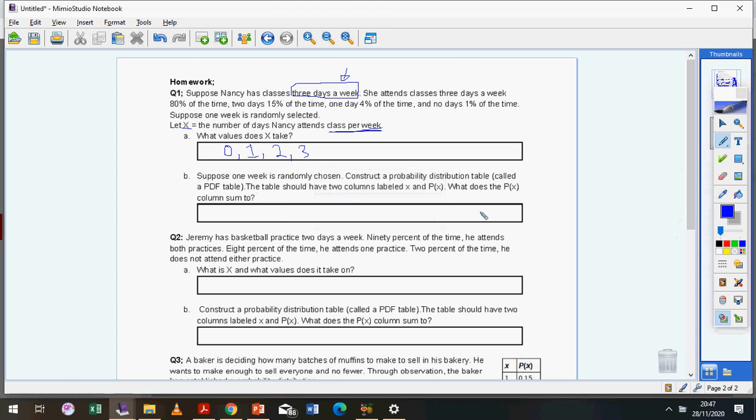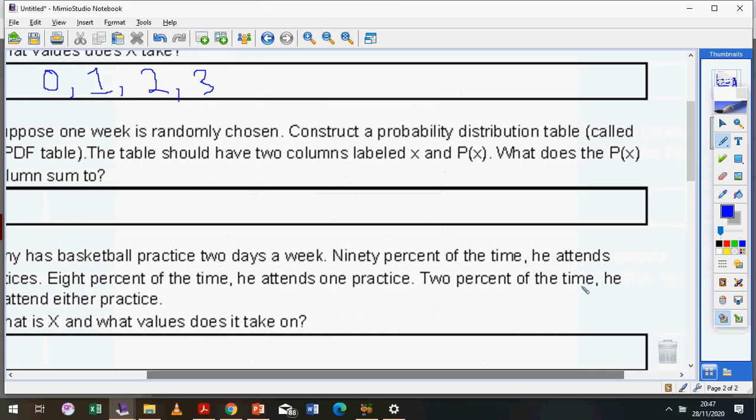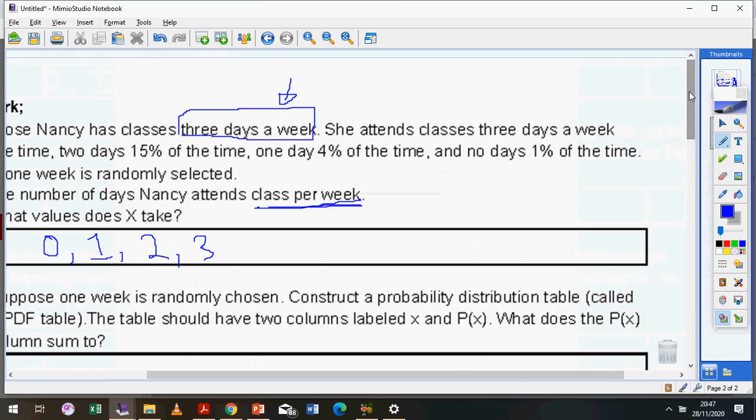So for that part B, you're just going to draw a table. Let me draw a table here. You're going to draw a table that has X and P of X, right? X are the values, the number of days a week that she could go to class. So that can be 0, 1, 2 or 3, right?